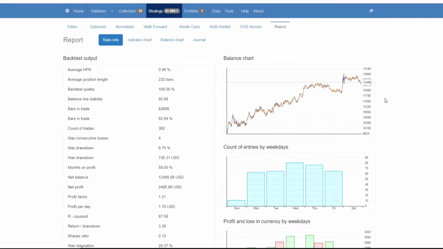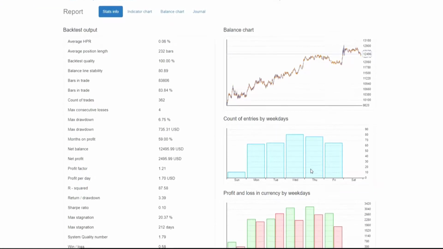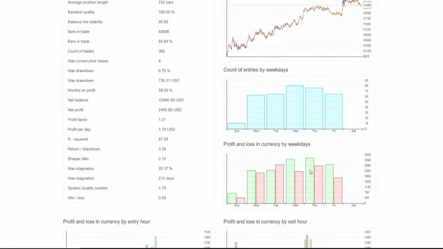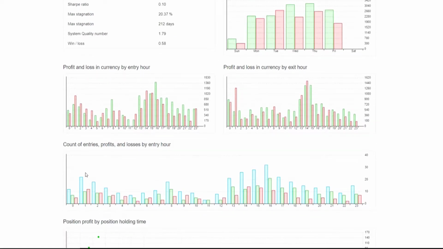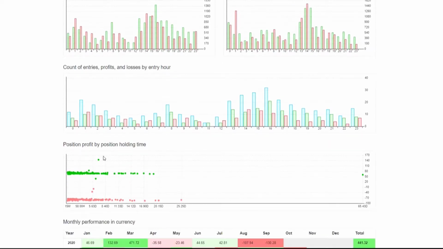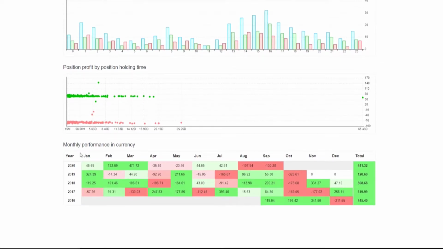So we have our balance chart, we have our count of entries by weekdays, we have our profit and loss in currency by the weekdays, and then we have profit and loss in currency by entry hour, by exit hour, and then we have a larger chart that gives us the count of entries, profits and losses by entry hour. It gives us our position profit by position holding time, and then it gives us our monthly performance in terms of currency.